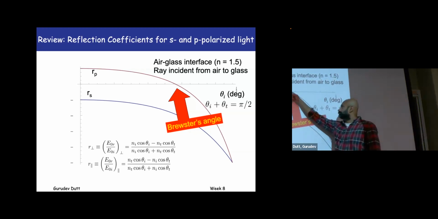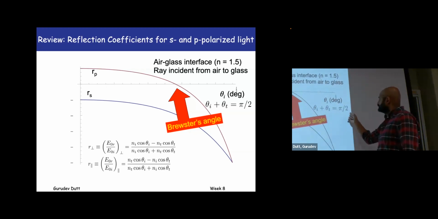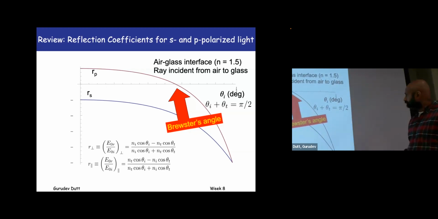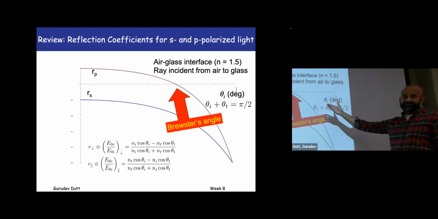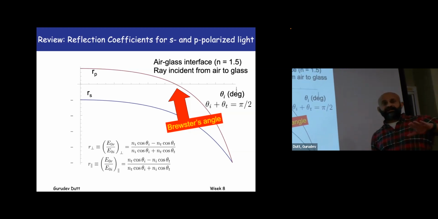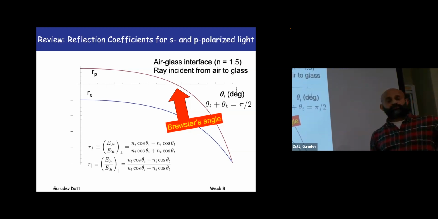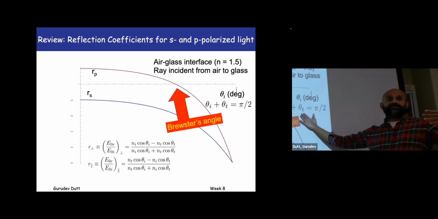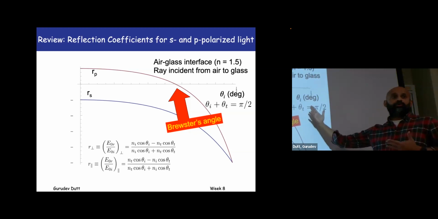So at this point, the Brewster angle, when theta I plus theta t equals pi over 2, the parallel polarization vanishes, which means if I send unpolarized light, which consists of equal amounts of S polarized and P polarized light, like we've talked about, like a half, then what this is saying is that the reflected light will have no parallel polarization.